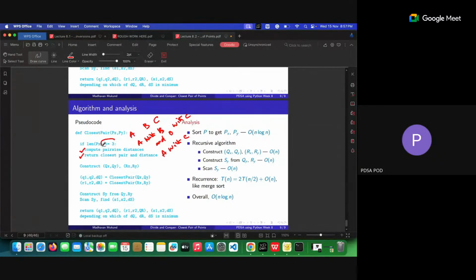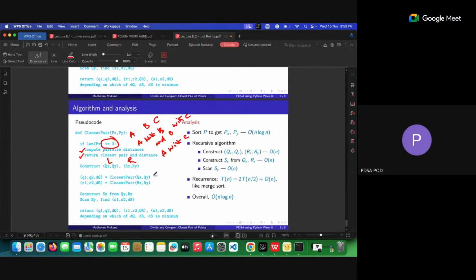If there are fewer than or equal to 3 points: if 1 pair is there, we simply return one distance only. If 2 pairs are there, we simply do an if. If 3 pairs are there, we do an if and else if. Whenever we go to more than 3, at that time we construct 2 halves: the left partition and the right partition, by sorting on the x coordinate and y coordinate of Q, and the x coordinate and y coordinate of R. First we compare the x coordinate, then the y coordinate.